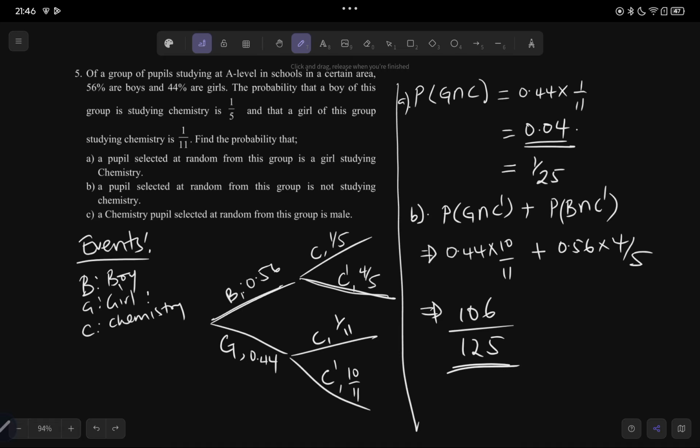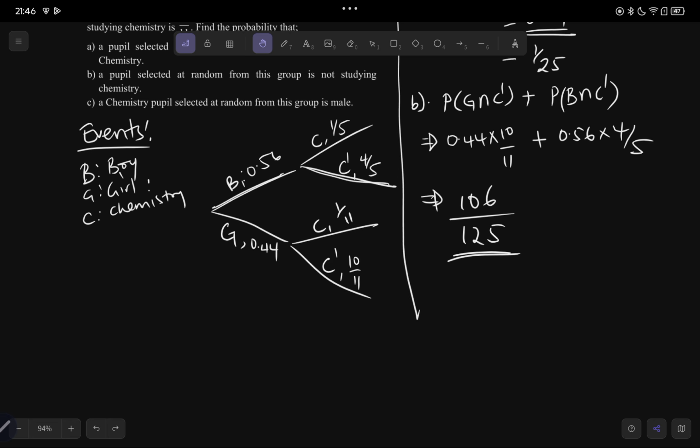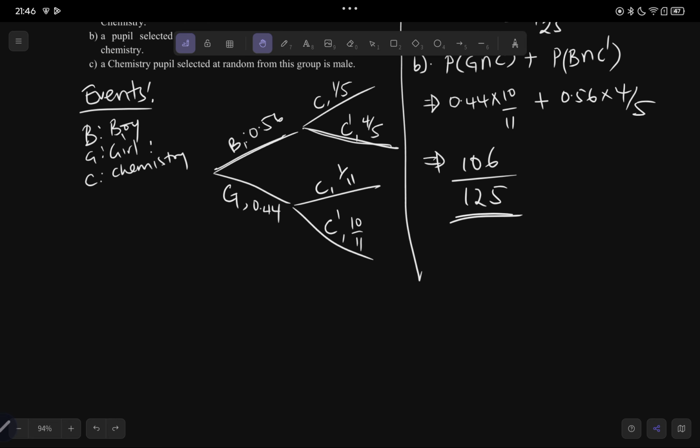Part C says a chemistry pupil picked from this group is male. A chemistry student is male. So we already know that the person we have chosen is doing chemistry. Now we want to find the probability that that child we have picked is male or is a boy.